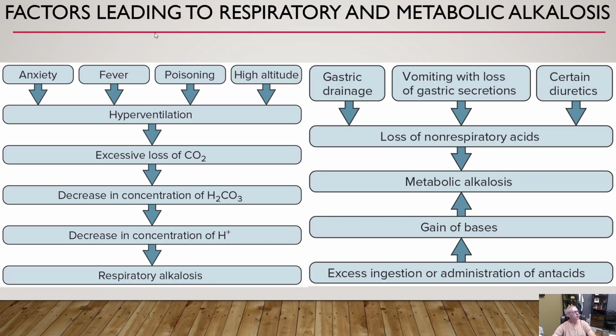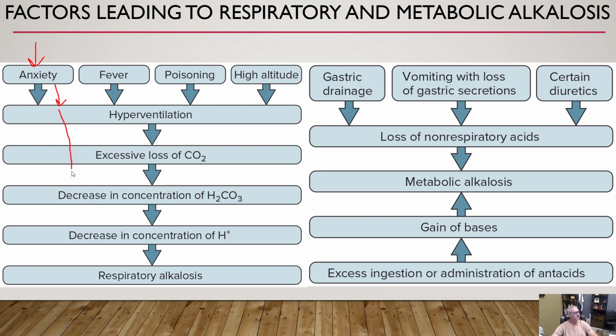All right. So here with anxiety, we're not going to go over all of these, but I think anxiety is the one that we can relate to the most. With anxiety, you're going to breathe faster. So think of hyperventilation. If you hyperventilate, you're going to blow off a lot of CO2.